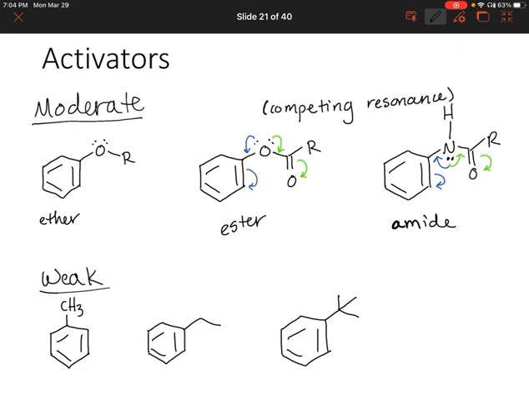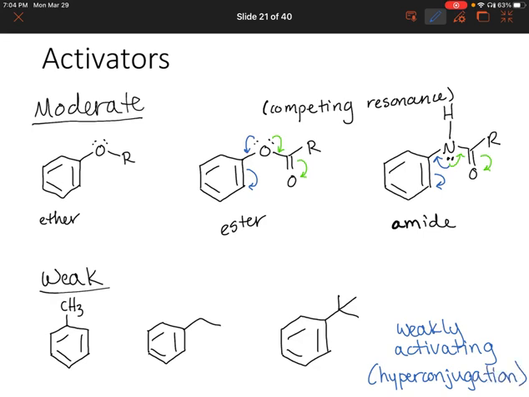So again, these are weakly activating because they're donating electron density through hyperconjugation instead of through a resonance structure. These alkyl groups are still activators, they're just not quite as strong.